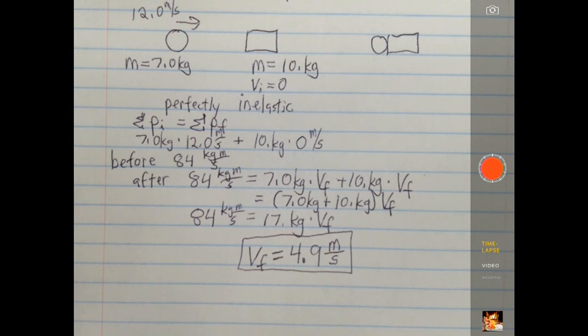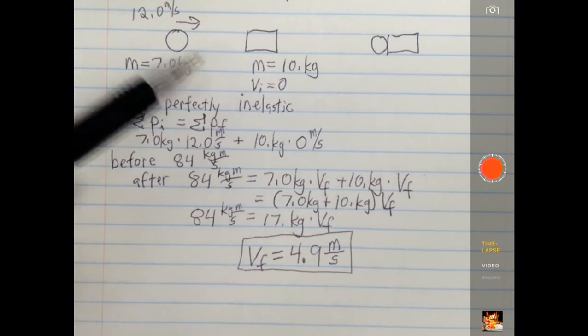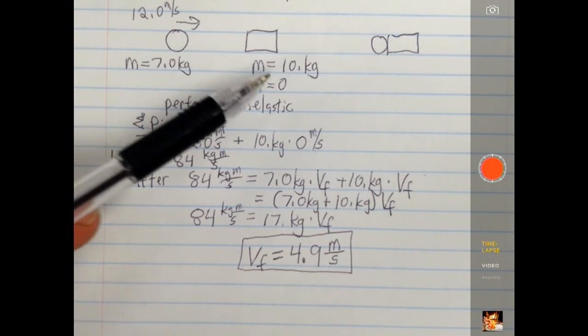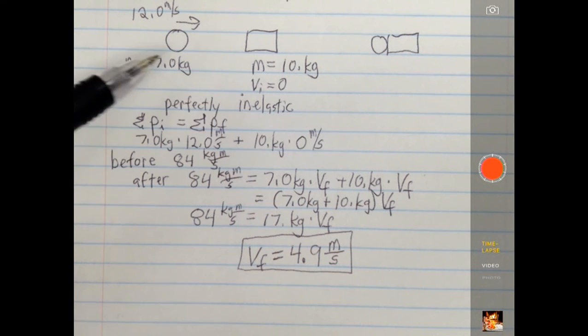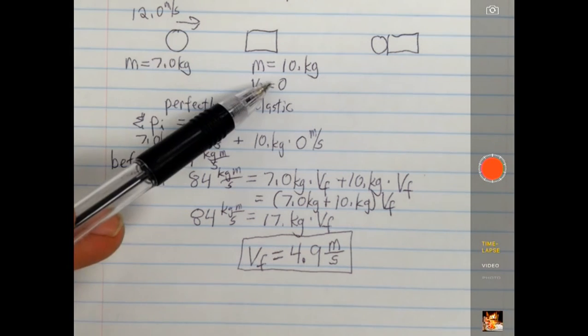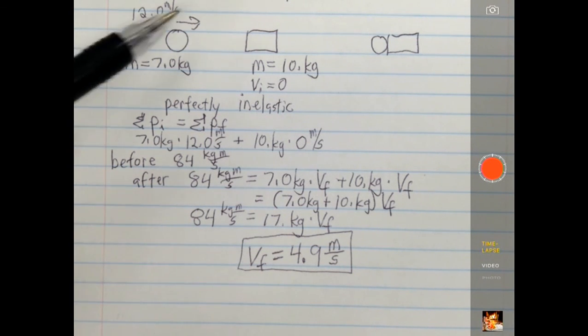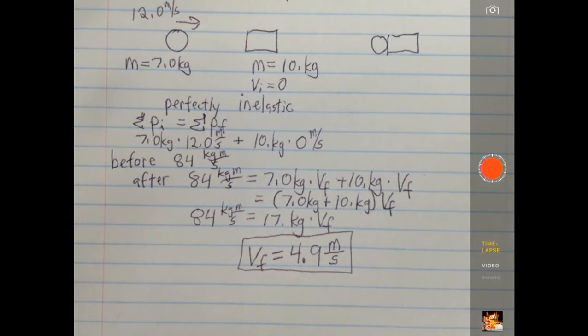It is not halfway between 0 and 12 meters per second because they don't have the same mass. If they happen to have exactly the same mass, then yes, the final speed would be the average of their two speeds. That's true in a perfectly inelastic collision.